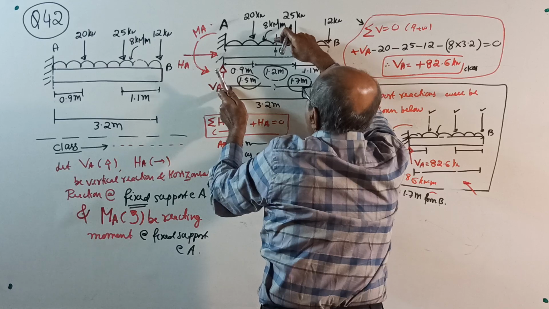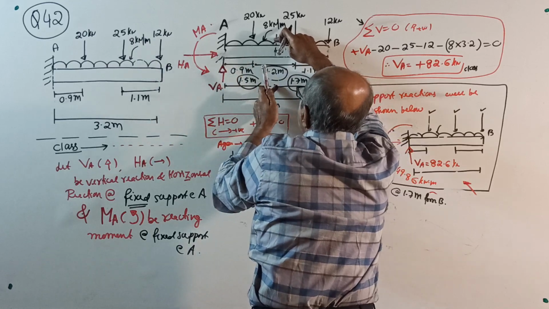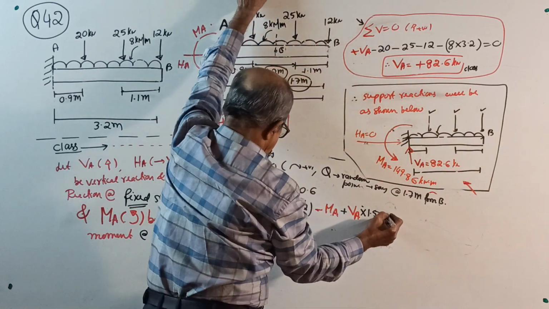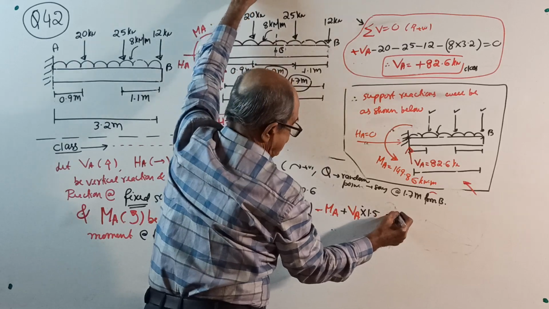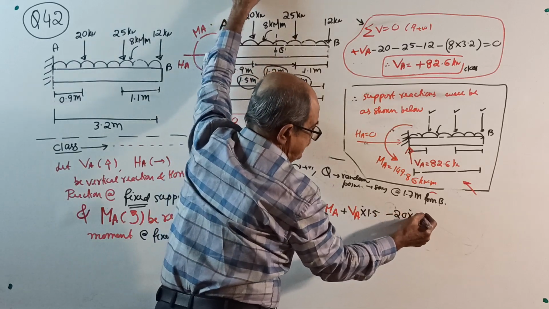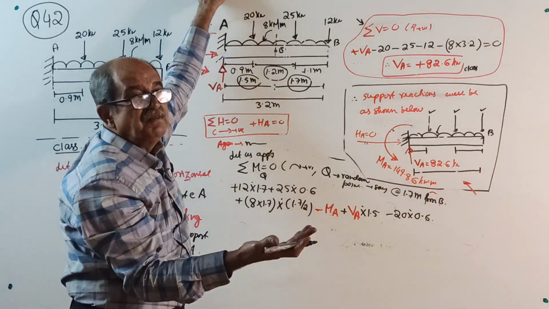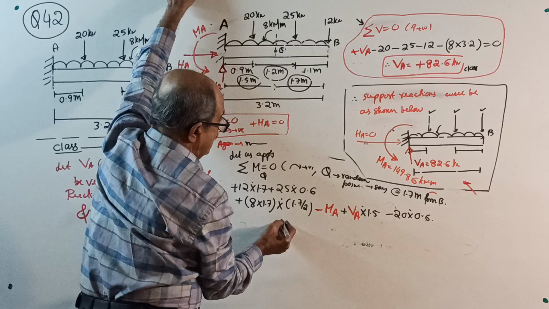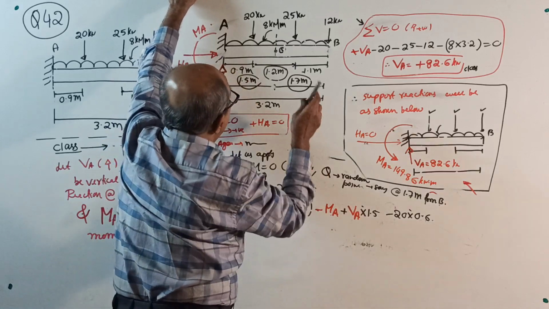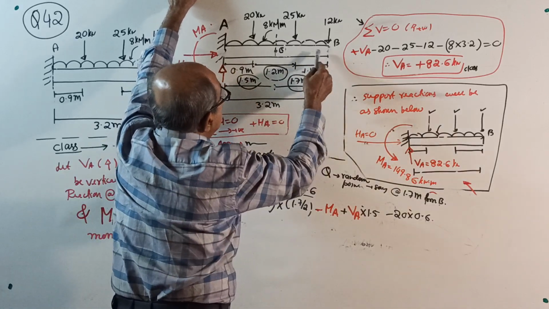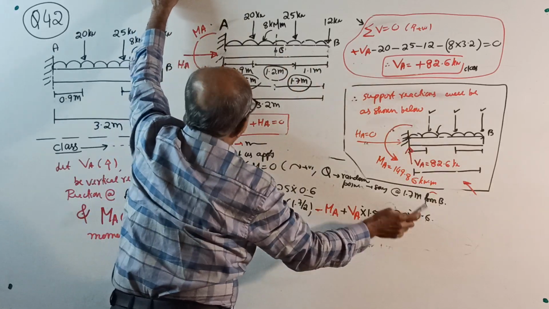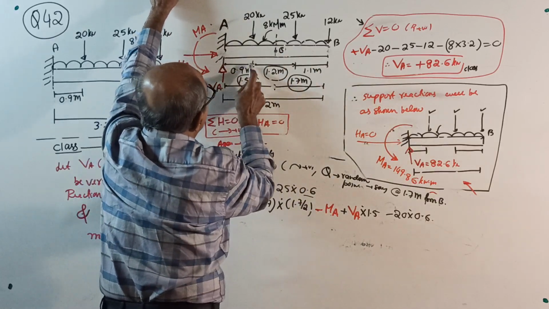This is 1.5, this is 0.9, so this will be 0.6 meter. Minus 20 into 0.6. That 0.6, not this 0.6, by chance it came the same. This 0.6 is 1.7 minus 1.1. This 0.6 is 1.5 minus 0.9.